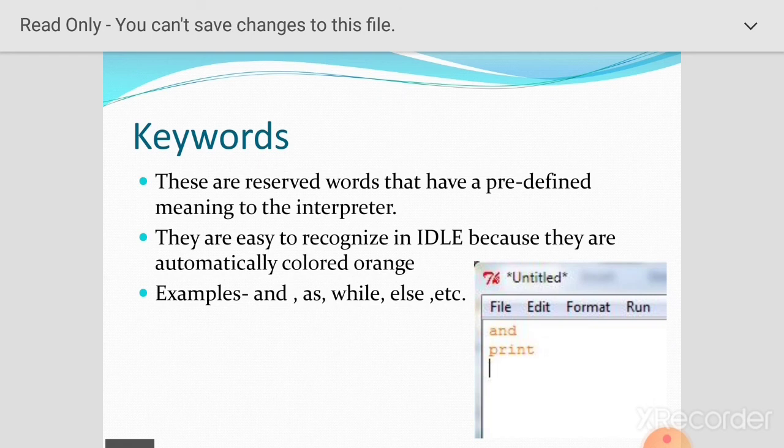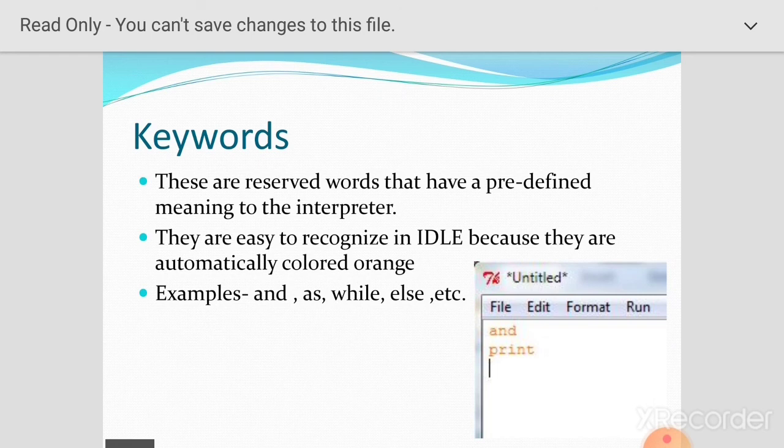When you install Python, the installer contains all these different meanings. There is a list of keywords which you can see in your textbook, and we should not use these words in our programs except for their respective uses. These are reserved words that have a predefined meaning to the interpreter.